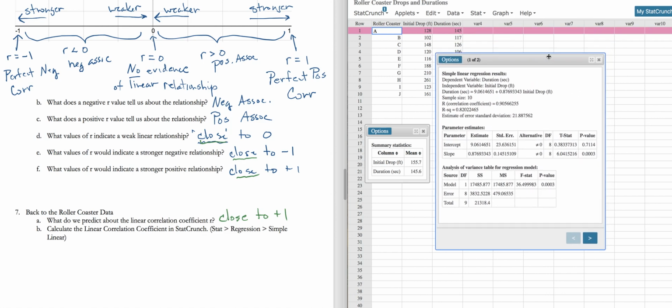Now, don't get overwhelmed by this screen. We're actually only going to take a look at what happens in the top here. The rest of this is part of that additional analysis that I told you could be done, but we're not addressing here in our class.